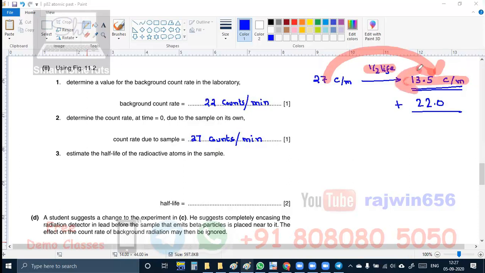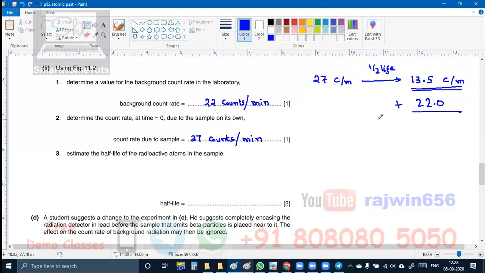But this 13.5 is only because of the radioactive substance. In the graph, the background radiation will also be present, so I'm just going to add these values, and whatever value I get from the graph, I'm going to use to determine the half-life.